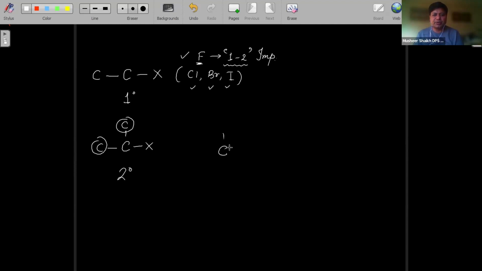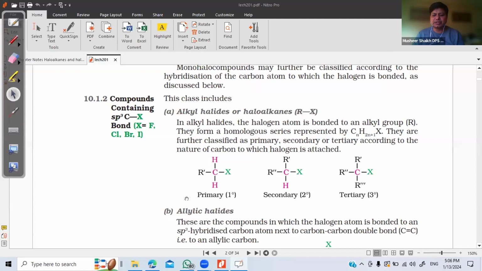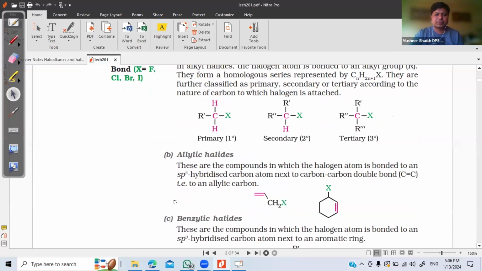Similarly, if you have halogen, which is X, and carbon, carbon, and carbon, this is a tertiary halide. So this is how we call primary, secondary, tertiary halides.